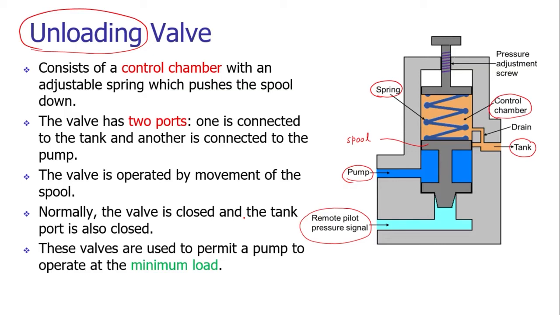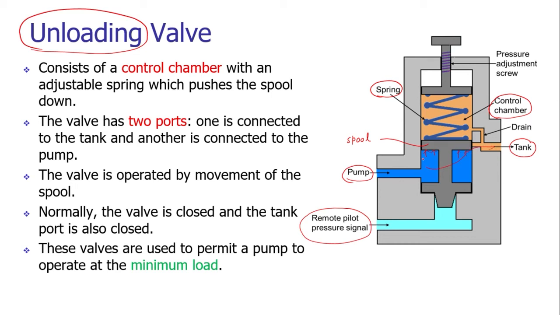So this allows the system to run at a constant pressure at minimum load application. But when the pressure is above the critical value, then the valve will get operated. If the pressure is more, then the spool will get pushed in upward direction and the excessive pressure of the hydraulic fluid will be released by bypassing the fluid to the tank itself.